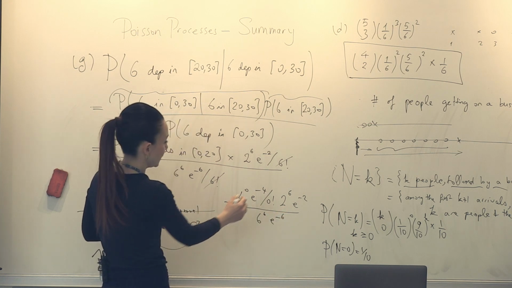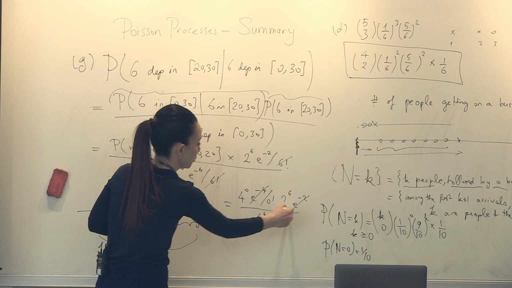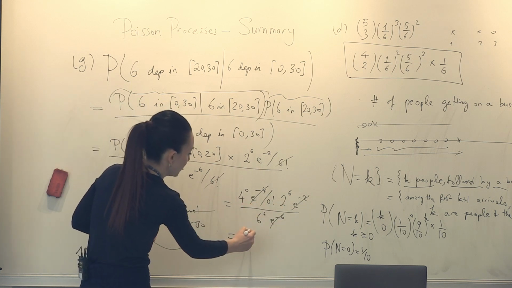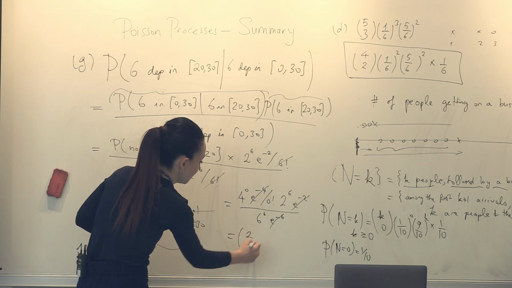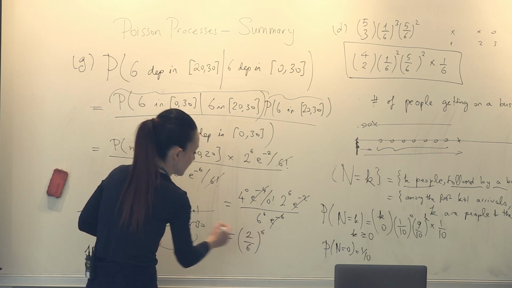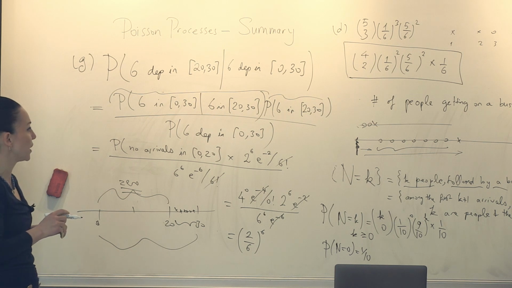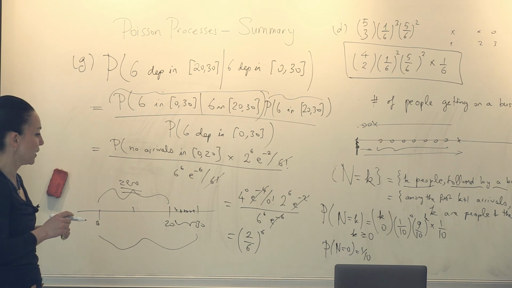So the exponential terms cancel, and it turns out we have 2 over 6 raised to the power 6. My choice of numbers was not the best in terms of understanding this.